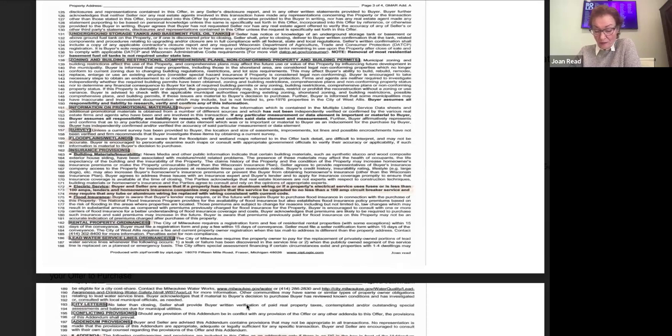If any particular measurement or data element is important or material to the buyer, buyer assumes all responsibility and liability to research, verify, and confirm. Those three words again: it's the buyer's responsibility. They can't say, well, this flyer said that. Did you look into it?